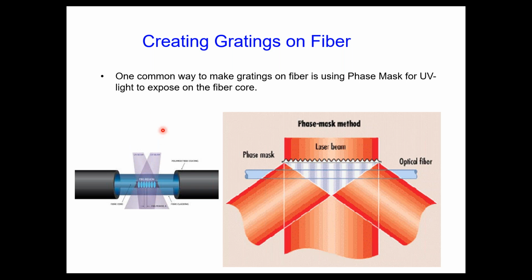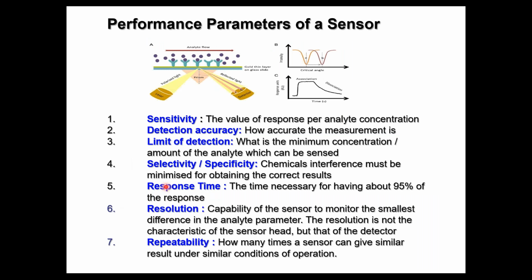You make use of a UV source, split it into two, and then allow them to interfere, and expose that interference pattern onto the core of the photosensitive fiber. In that way, you can fabricate fiber Bragg gratings.